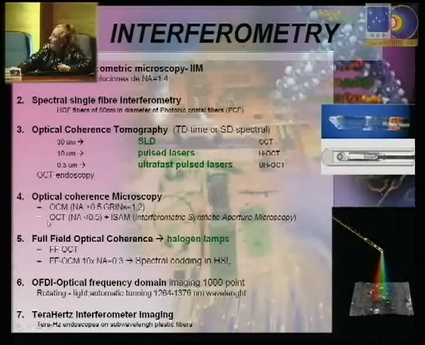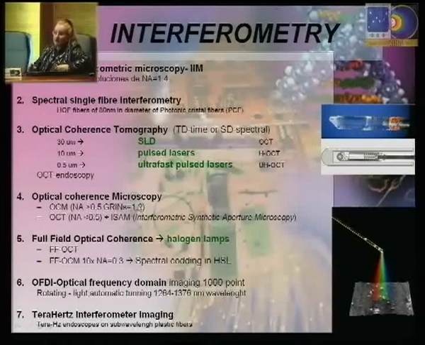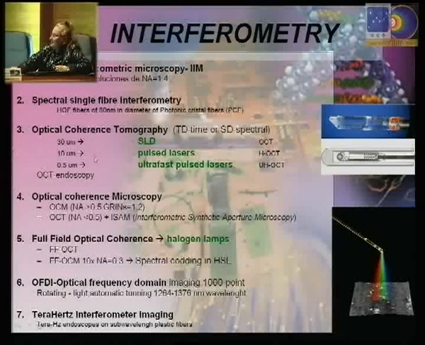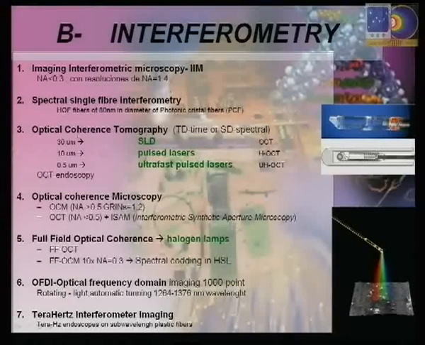This is a case of single fiber interferometry. In optical coherence microscopy, your numerical aperture is more than 0.5, and the lenses can get even up to 1.2. But obviously, if you have a lot of detail, your penetration is less. So you have to balance what the needs are inside of the medical application.